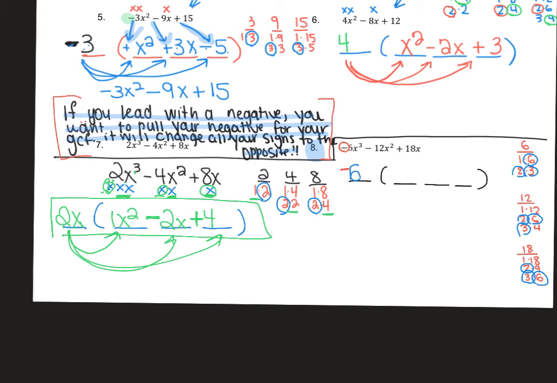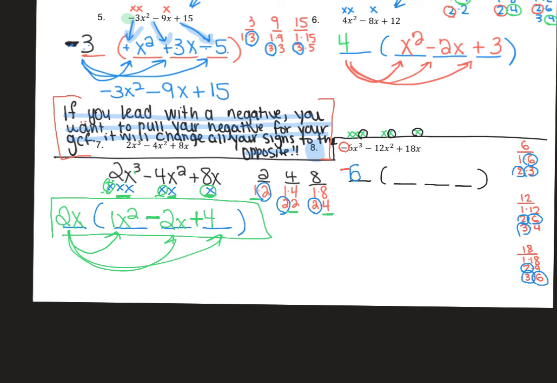Now if I'm looking at x's, I have 3 x's here, I have 2 x's here, and I have an x here. If I'm looking for the most I can take from each thing, I can take 1. Because again, that last term is my limiting term.